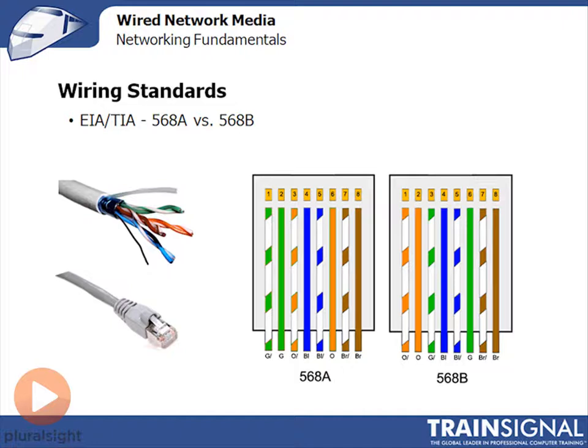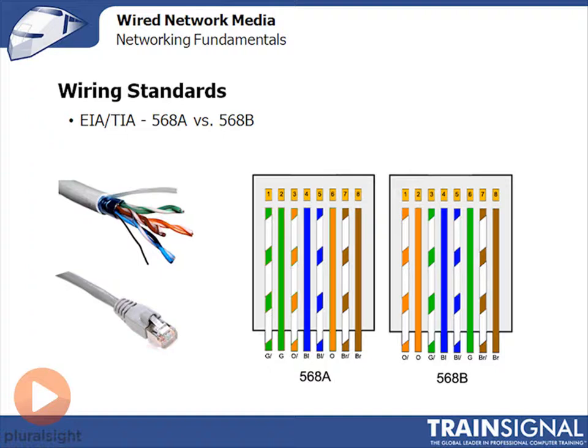And what these standards are is this is how we know how to make sure that all of the different wires that are inside a twisted pair cable, and there's 8 of them, okay, and they're divided into 4 pairs of wires, we want to make sure that all the wires on one end of the cable match up with the wires on the other end of the cable.